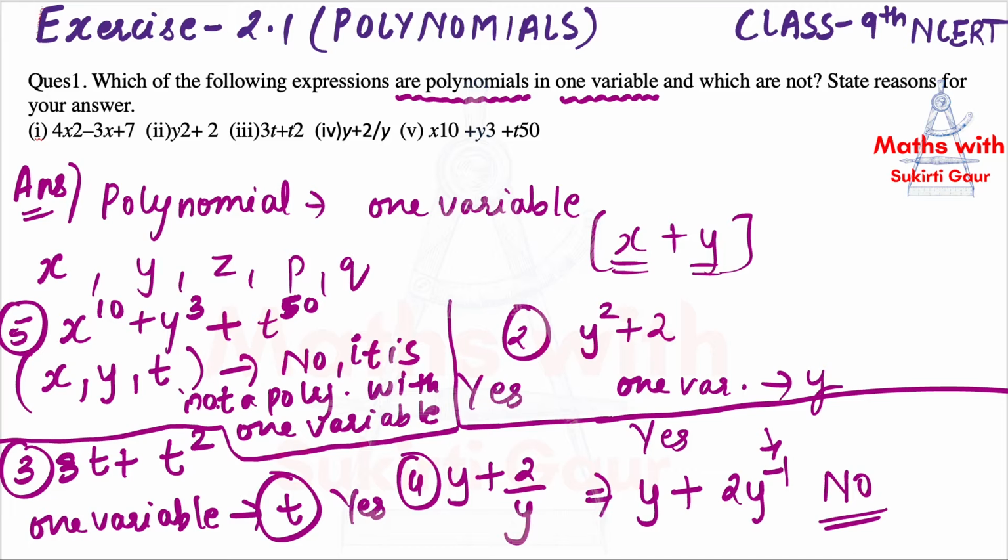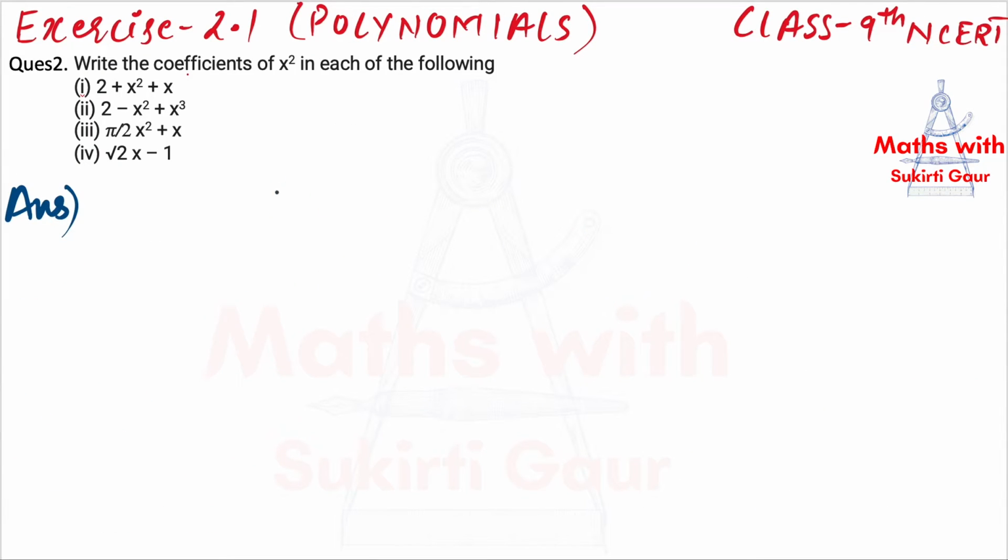Coming on to the second question of the same exercise 2.1. So this is our second question. Let us read the question first. Write the coefficients of x square in each of the following. So what are coefficients?